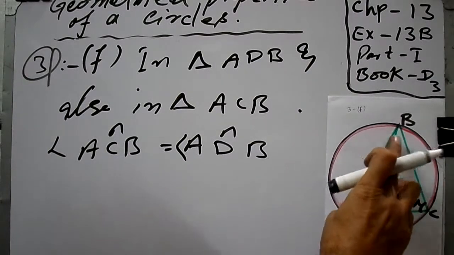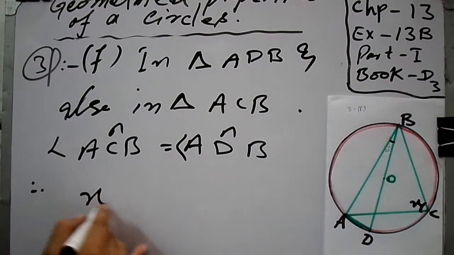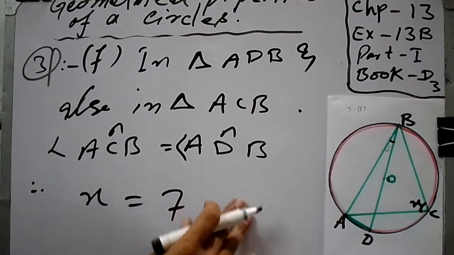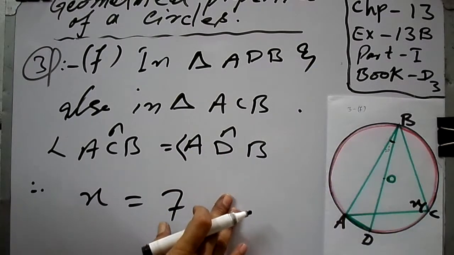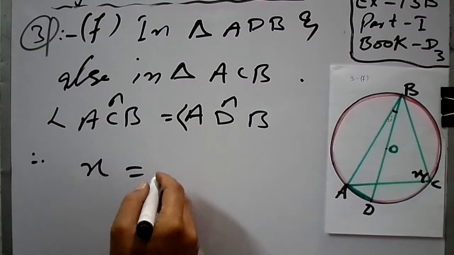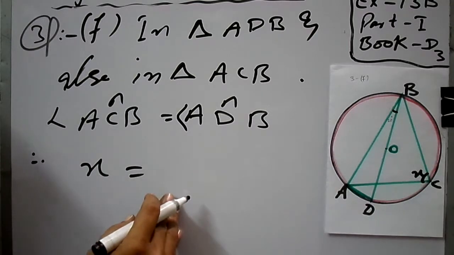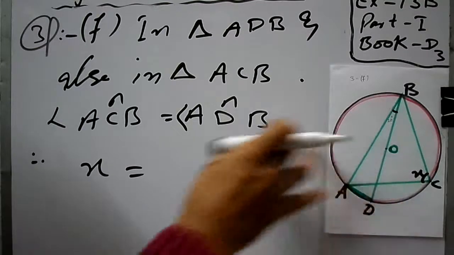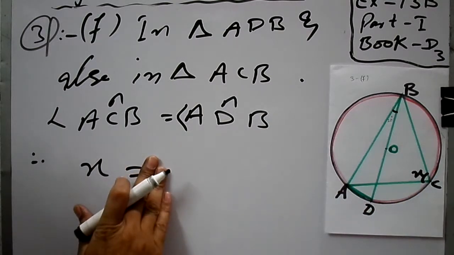So we have come to the conclusion that x is equal to the same, and we have to subtract it from 180, because the sum of angles must be equal to 180.